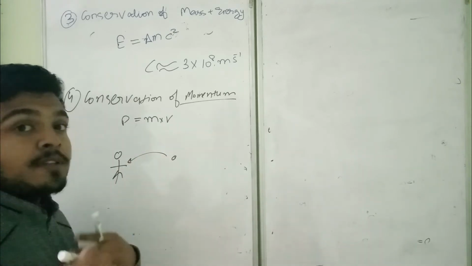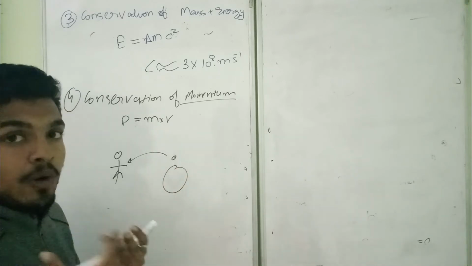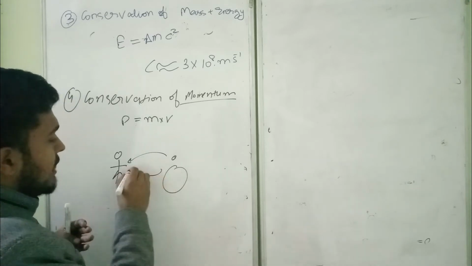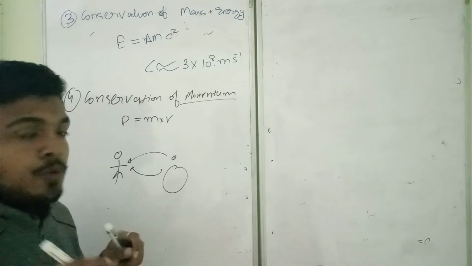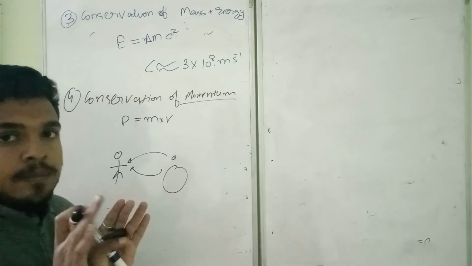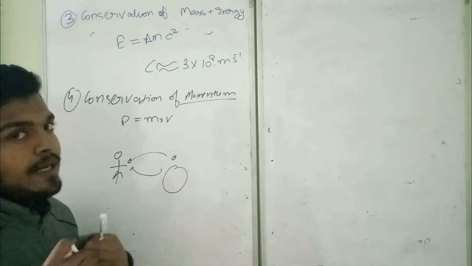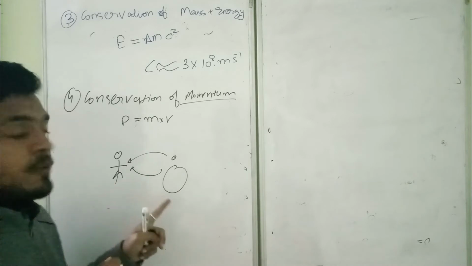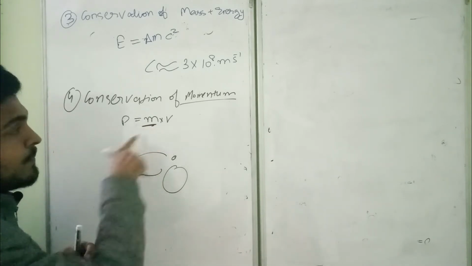And if someone throws a very massive ball of huge mass, maybe a ball of iron, towards you, then it will be very difficult for you to stop that ball. So the force that one needs to stop something depends upon its mass.